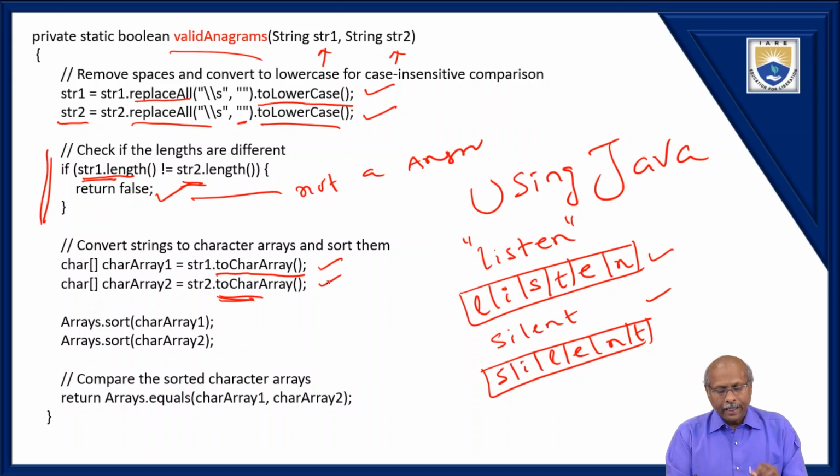After converting into a character array, what will I do? I will sort it, because once you sort, it will come in order. If I sort, what will I get? It has to come in alphabetical order.